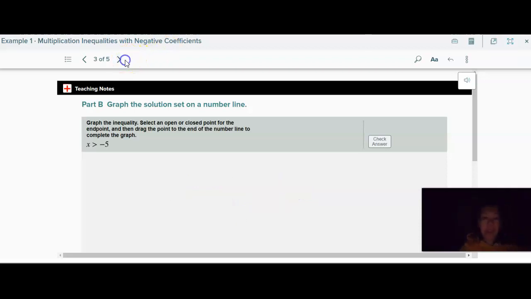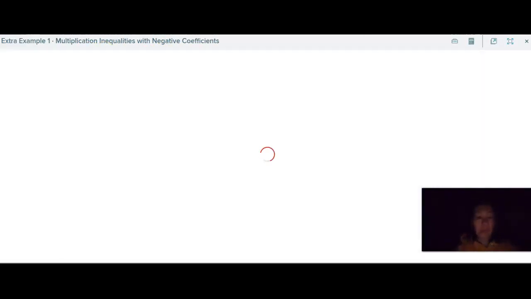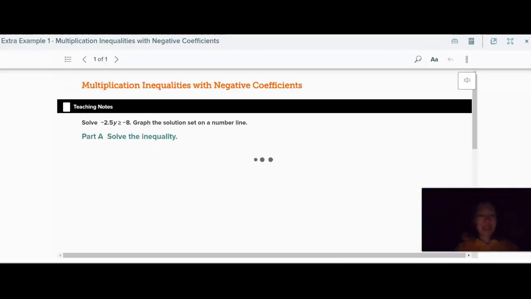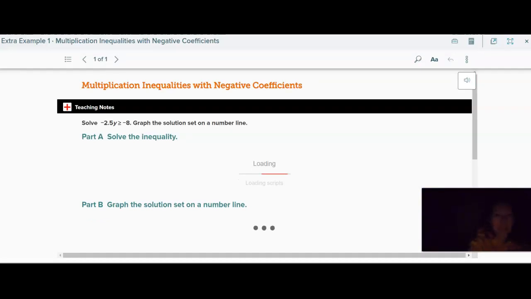Let's look at another example. This one's not in your book, but you can write it in the margins. To solve this one, we divide both sides by negative 2.5. On the left we get y, but because we are dividing by a negative, the greater than or equal to turns into less than or equal to.